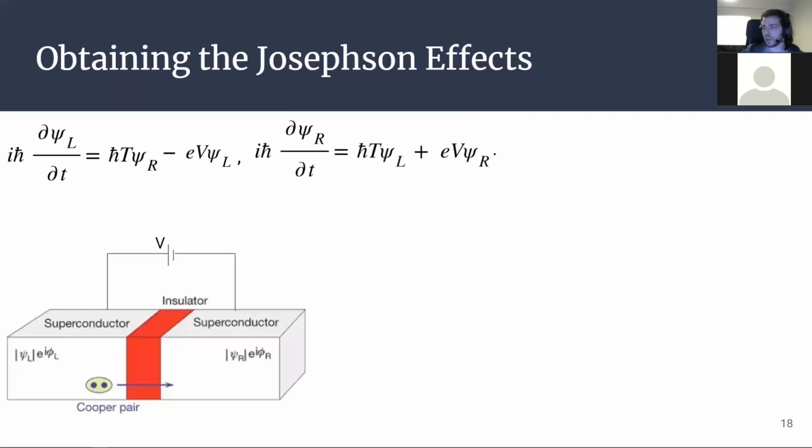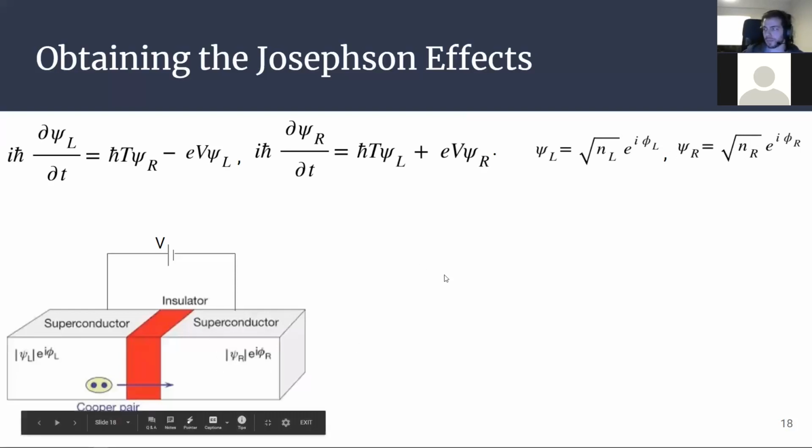So now we have two equations which look rather similar. And again, for the left and right, we have the wave functions like this, where now, instead of some density, we can say Cooper pair density on the left and Cooper pair density on the right.